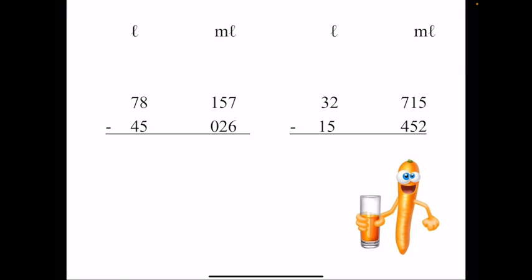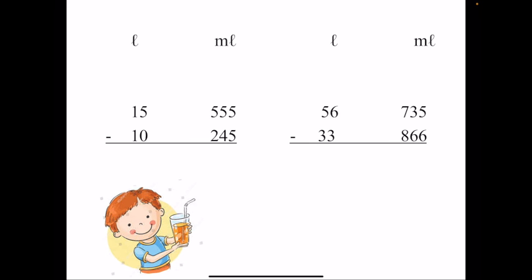The next sum, 32 liters 715 milliliters minus 15 liters 452 milliliters. Is it clear, children? Two more sums. 15 liters 555 milliliters minus 10 liters 245 milliliters. Okay? And the last sum which I have given you, 56 liters 735 milliliters minus 33 liters 866 milliliters.